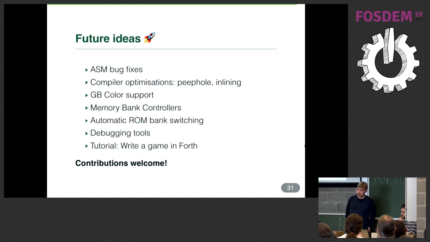We don't have Game Boy Color support. Game Boy Color is quite similar to the original Game Boy. The main difference is color. So there's some extra registers that handle the palette data for the color, and those things are, I mean, they're accessible through assembly, but of course that's not the goal of this project. Then there's memory bank controllers, like David mentioned already that the cartridge often contains a lot of hardware.